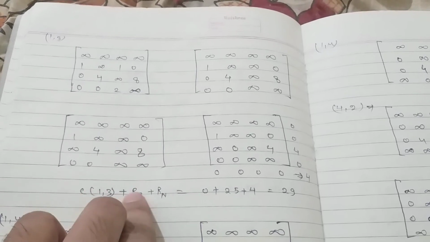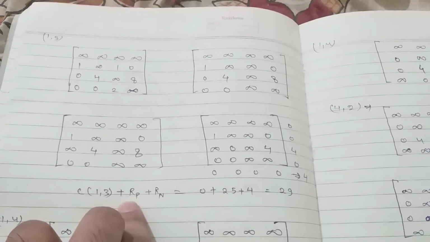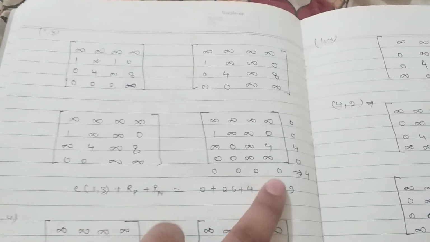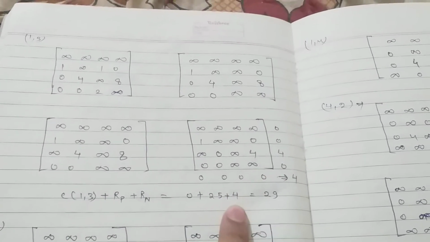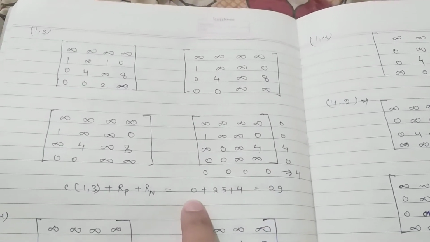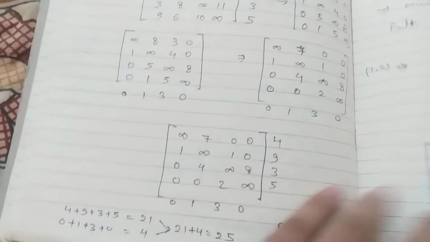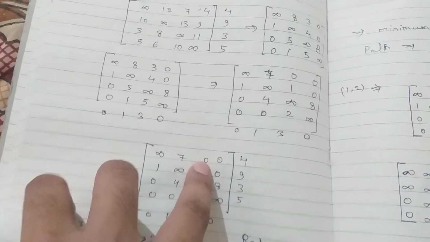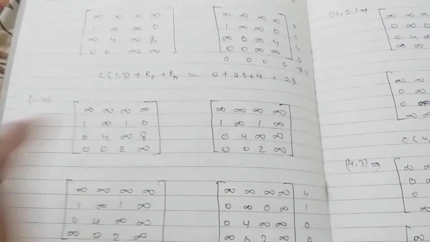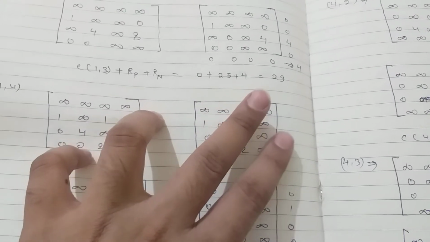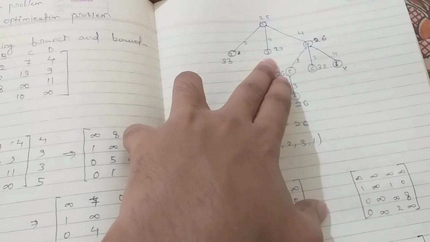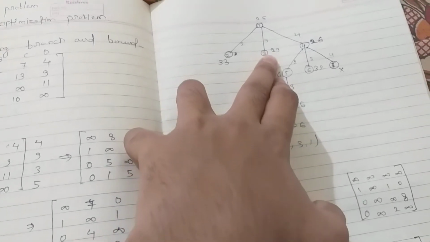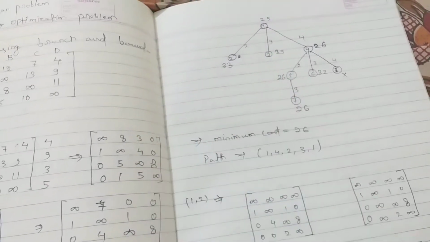The previous cost of the matrix is 25, the new cost is 4, and the cost between 1 to 3, first row third column, is 0. So this comes out to be 29, and we put the cost of the third vertex as 29.